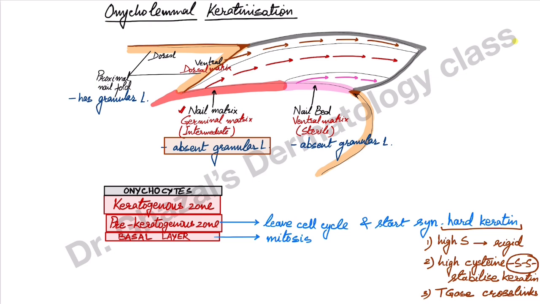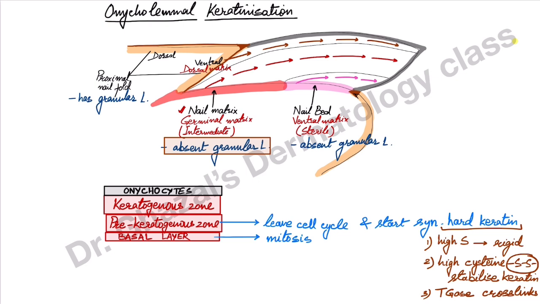They have profilagrin that converts into filagrin, and this filagrin aggregates the keratin filaments of the skin. Now the hard keratin, due to the intrinsic properties which are different from soft keratin, they aggregate directly as the cells flatten and compact when they move distally. So they don't need a granular layer containing keratohyalin granules.